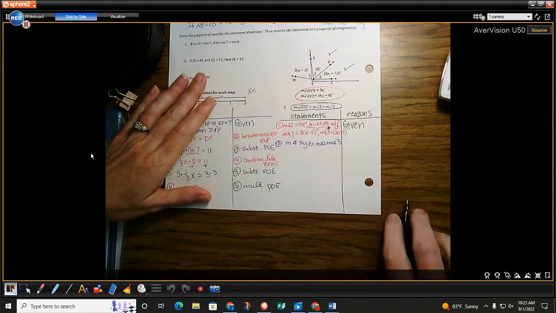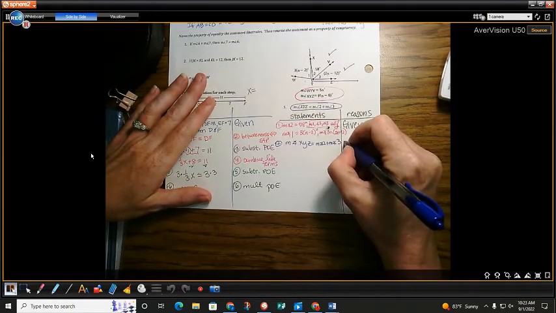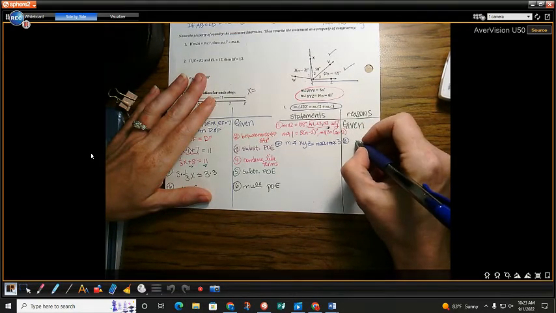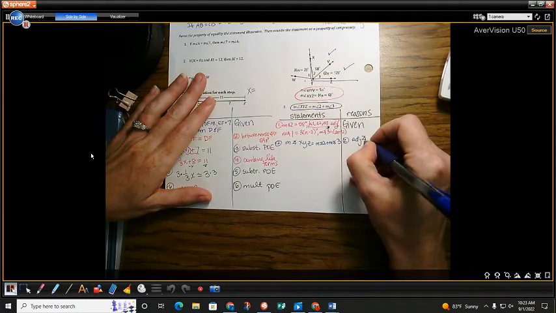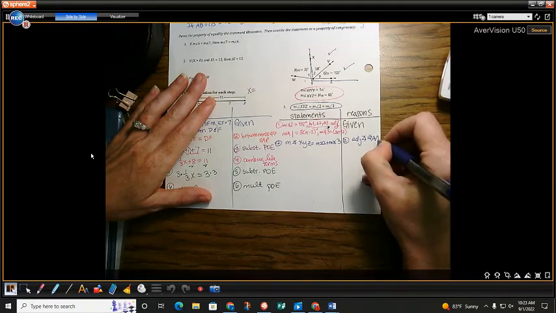And that's because, what's the implied statement for that? Adjacent angles implies angle addition postulate.